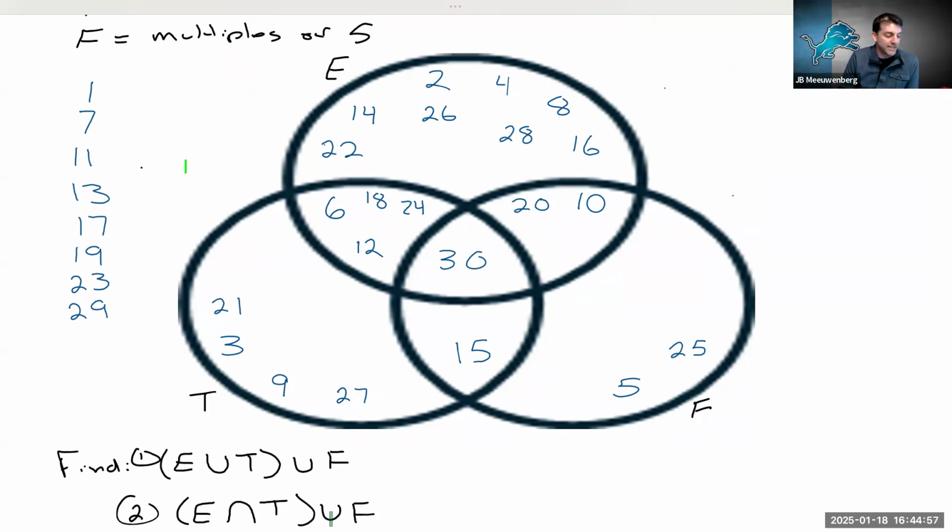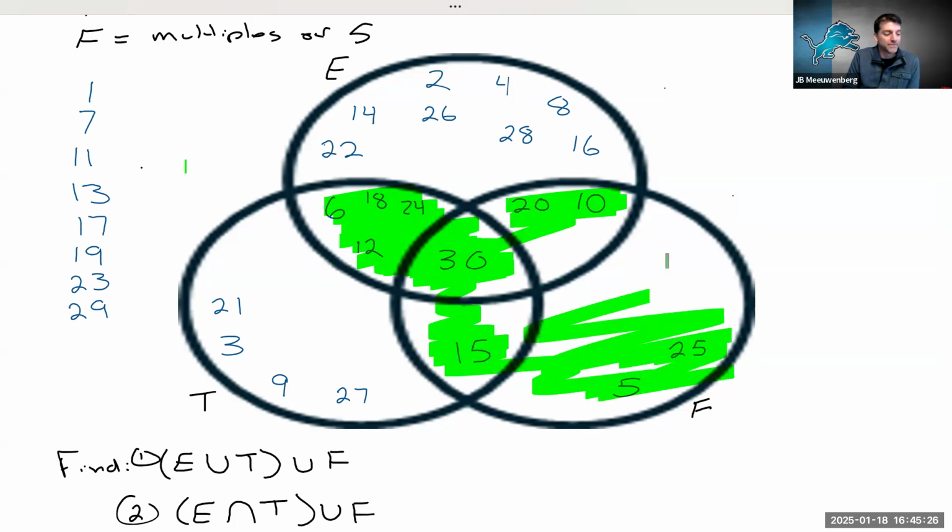So E intersect T is where? E and T are these two circles. And the intersection point would be here. Right? There's our intersection point. Union F. So we're taking the intersection of E and T and we're adding basically everything else that's in F, which includes these, and these.